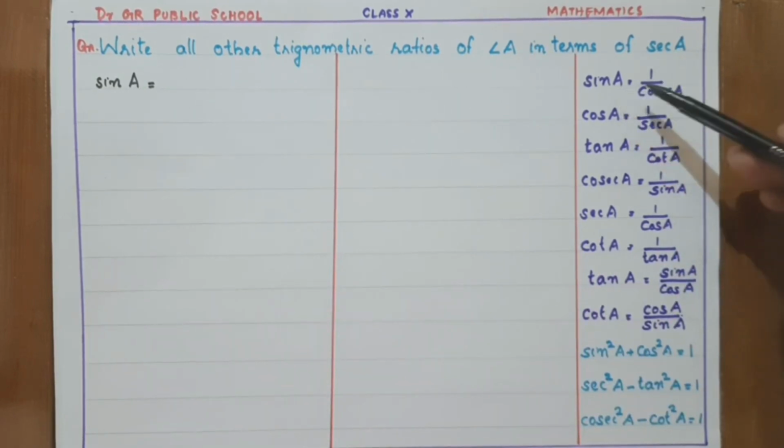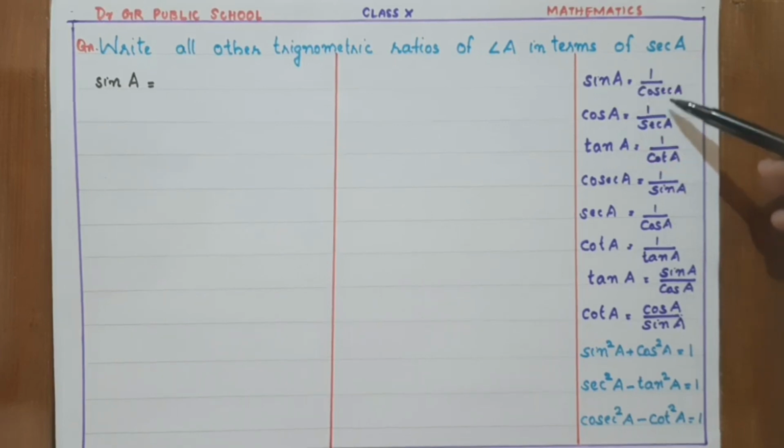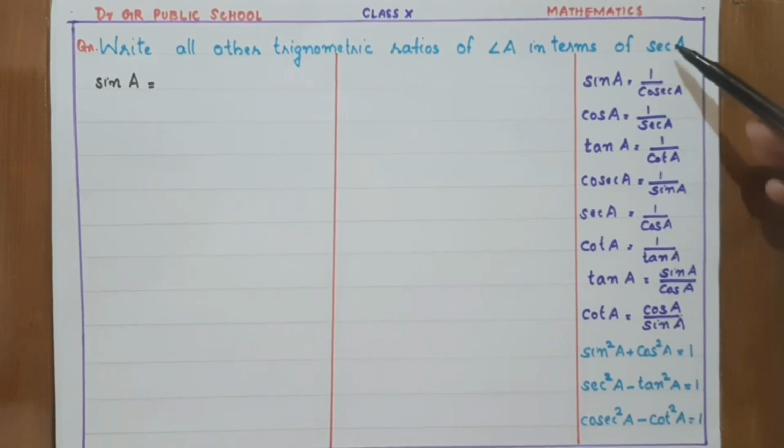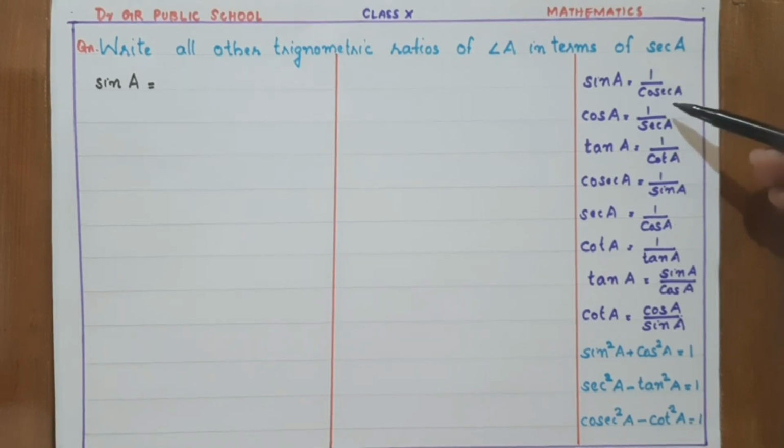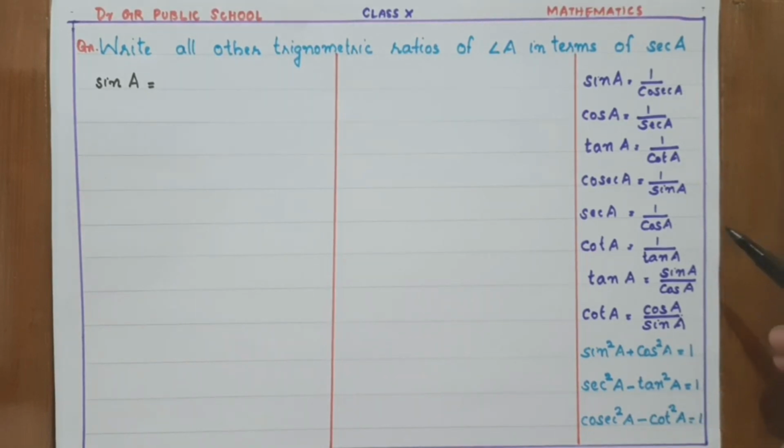First, we know that sin A is equal to 1 by cosec A, but cosec and sec are not related by any one of these. Isn't it? Then which one can we consider?